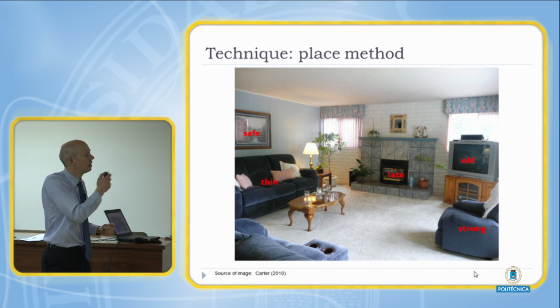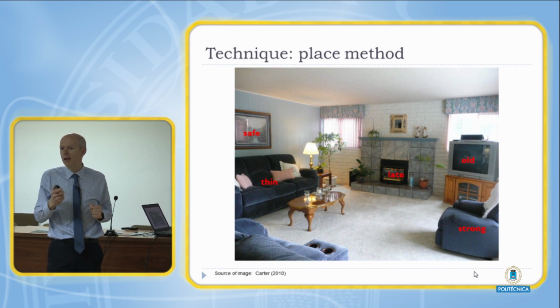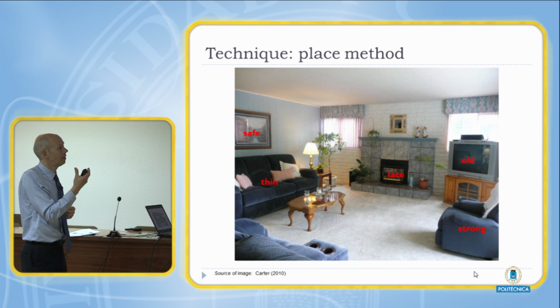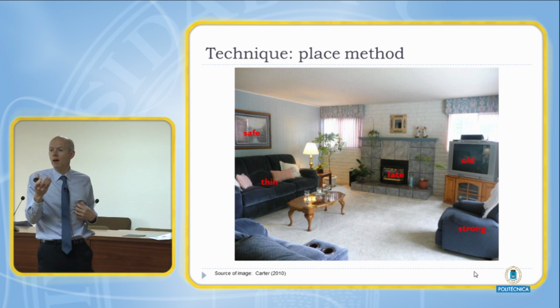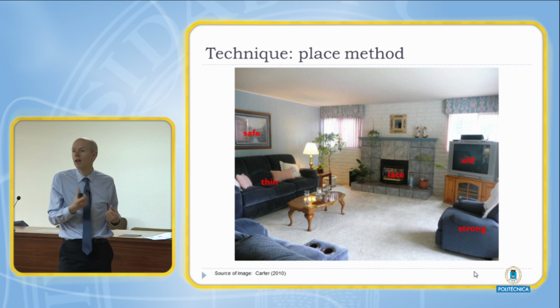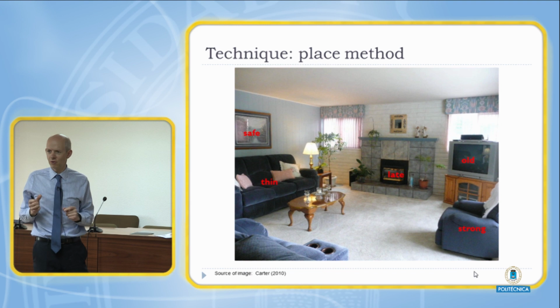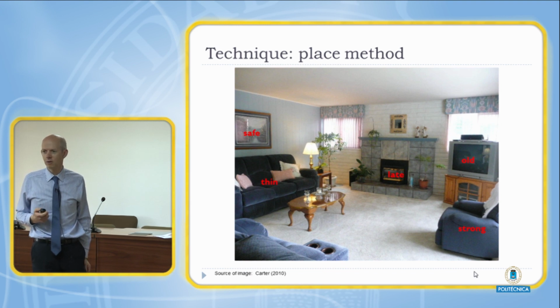And that way I can retrieve those items and I can see the order. And if I'm having difficulty remembering the items, I can say, for example, the television is very old, and I can imagine an old television, and that might help me to retrieve that information.